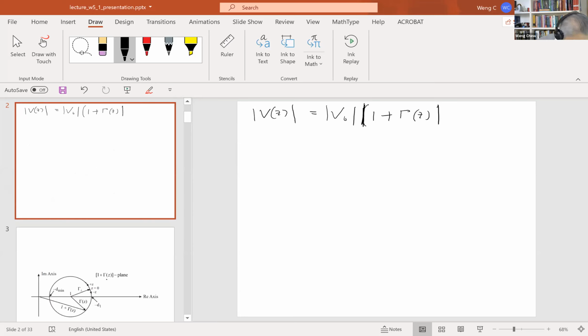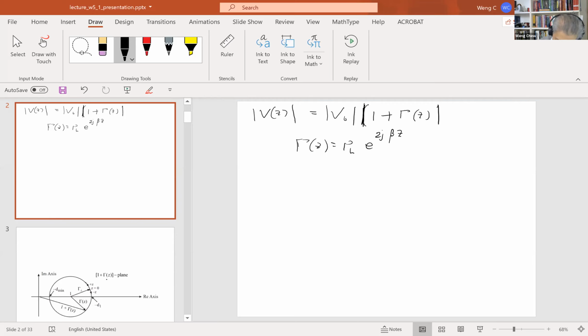The whole thing magnitude. So you find that gamma z, which is not a constant, is gamma L e to the 2j beta z. It's not going to be a constant.